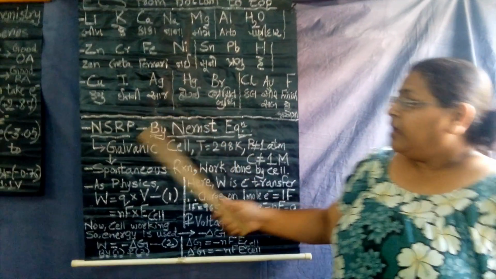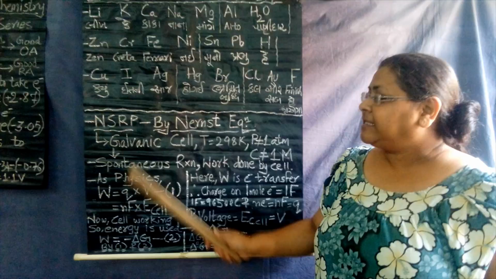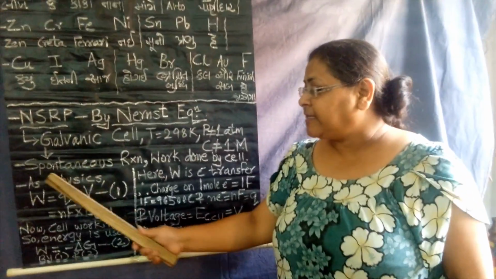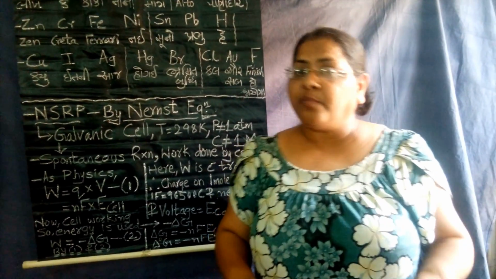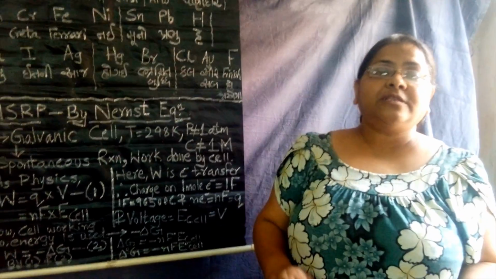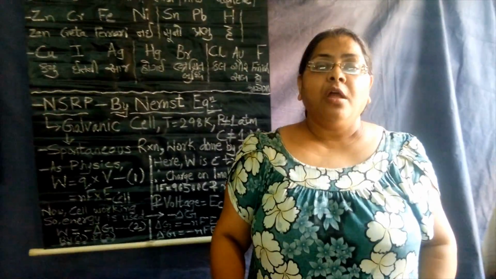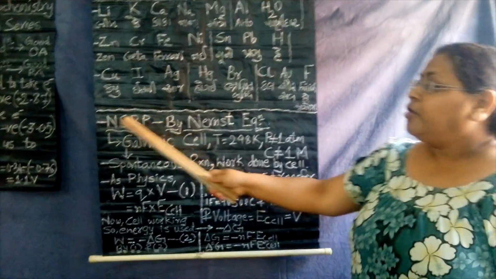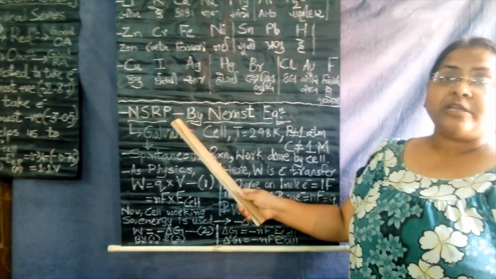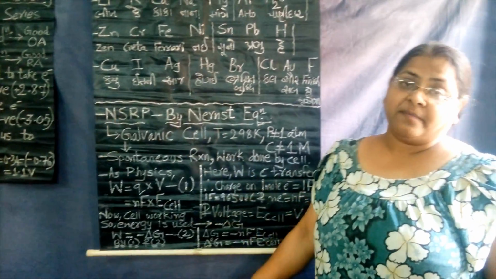At first he told us that in a galvanic cell, the reaction that takes place is a spontaneous reaction. When I say spontaneous reaction, it means the reaction which is taking place by its own; work is done by its own. On the other hand, for non-standard reduction potential, the condition is non-standard.